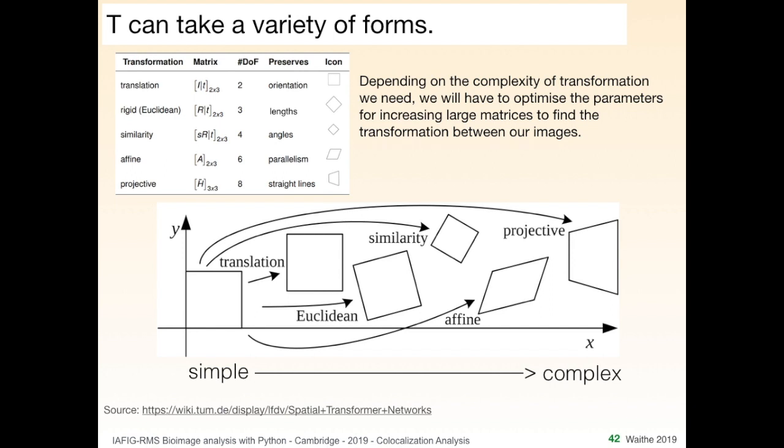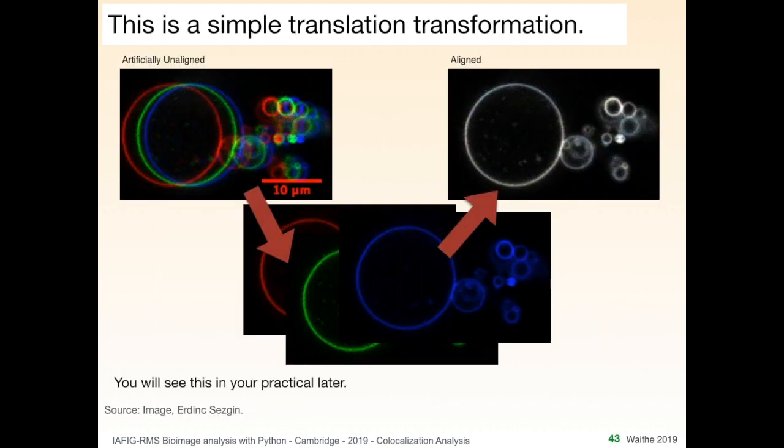But for most microscopy applications, especially if it's chromatic aberration, we can get away with a simple translation transformation. And what this involves doing is moving one image with respect to the other and seeing how well they overlap in each of the positions, and then finding the position where they overlap the best.